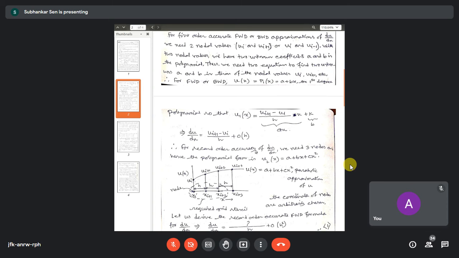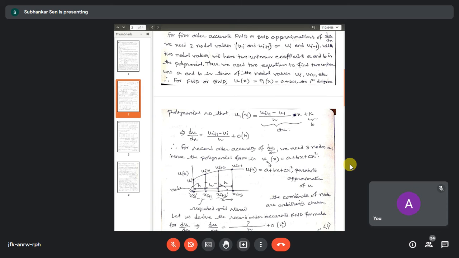Now with 3 points we are getting 3 equations, and that is the equation of a parabola. So when we are writing that ux, this is the quadratic equation. Okay, you know this quadratic equation. So this is a parabola. So y equals to ax square plus bx plus c. So this parabola we are drawing here. Okay. So here in this expression, this is 2 because this degree is 2.